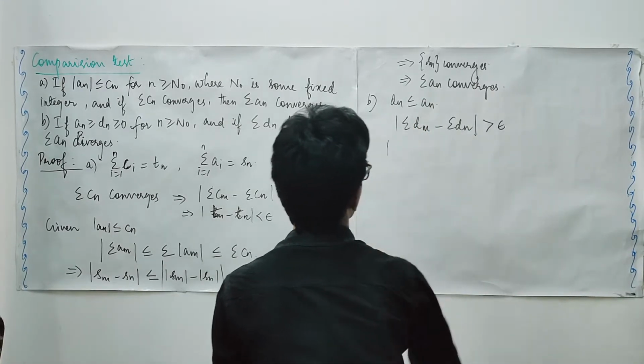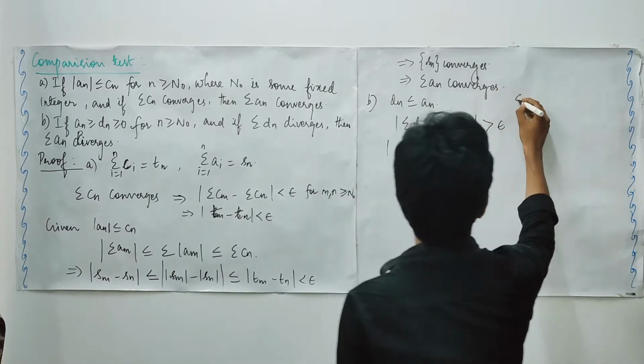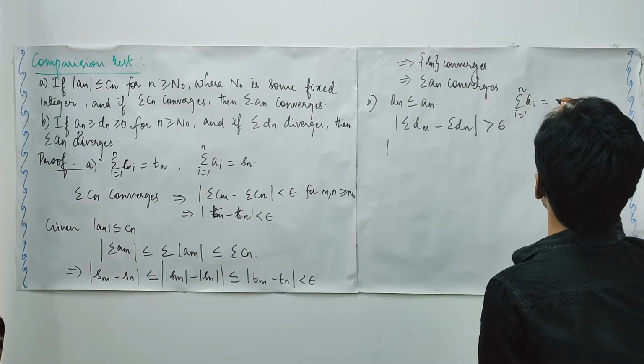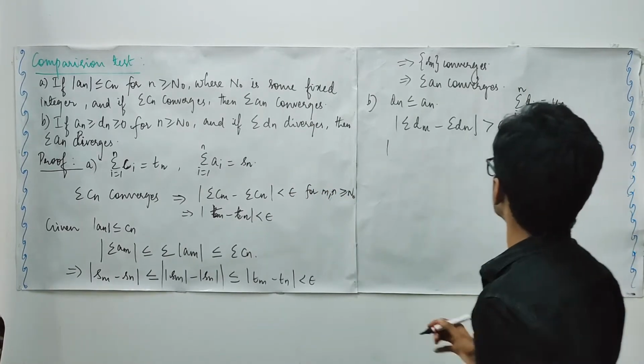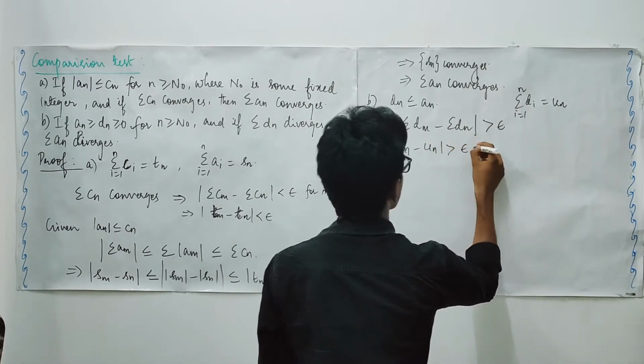So using this, what may you write here? Suppose you take summation i runs from 1 to n of d_i, and let me write it as U_n. So the absolute value of U_m minus U_n is bigger than epsilon.